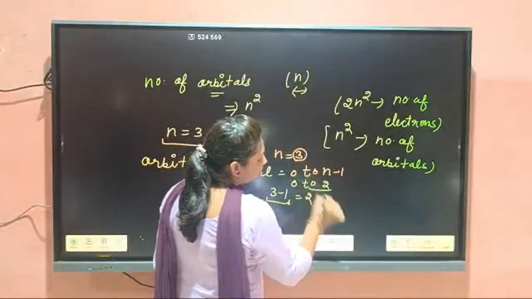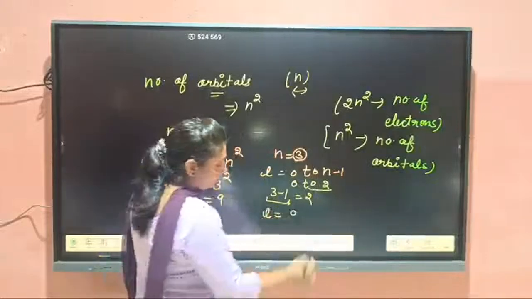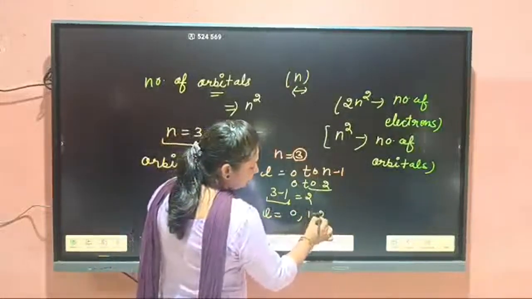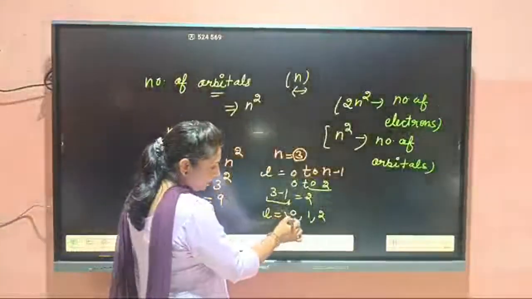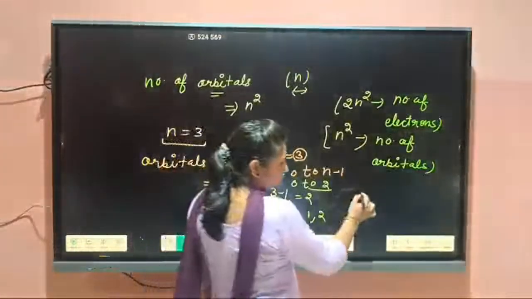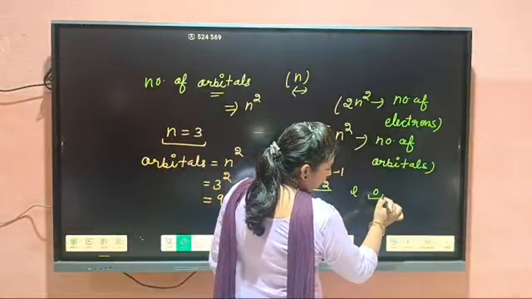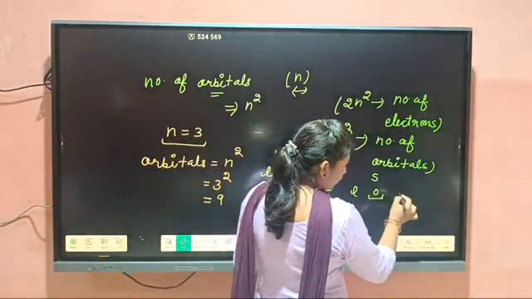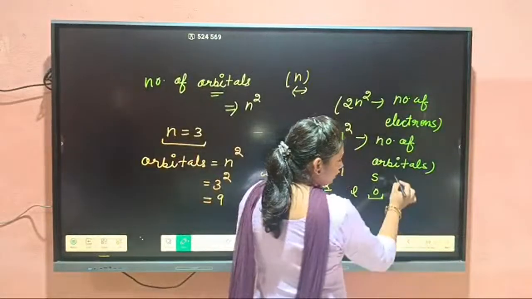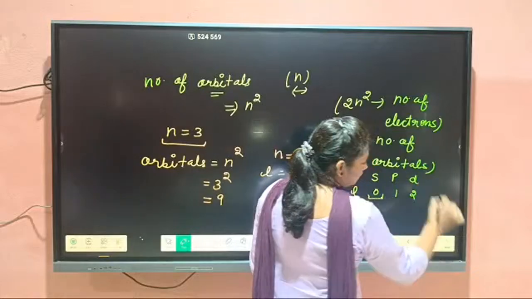It means the value of l may be 0, or 1, or 2. You know very well, if the value of l is 0, which orbital is here? s. For 1, p, and for 2, d.